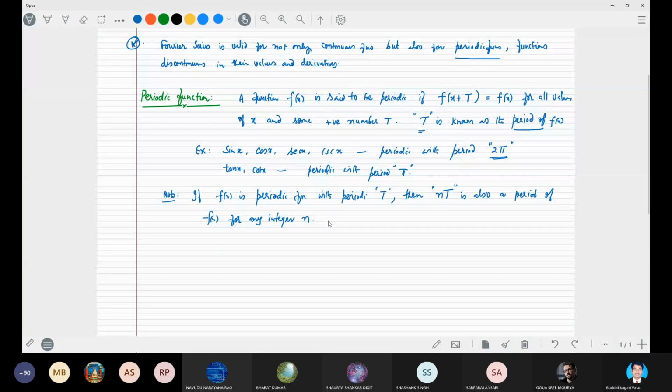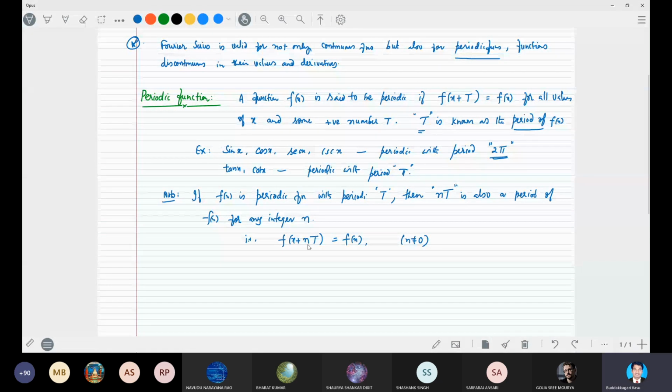That is, f of x plus n times capital T is equal to f of x, where n is not equal to 0. If n is an integer and f of x is a periodic function with period T, then f of x plus nT is f(x). That means nT is also a period.